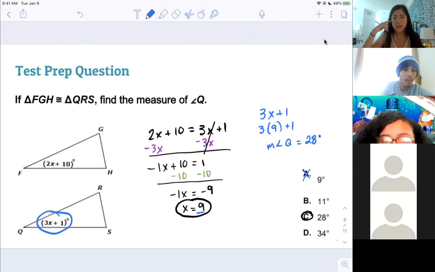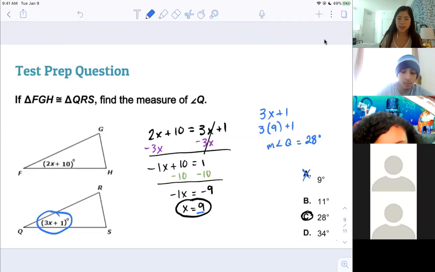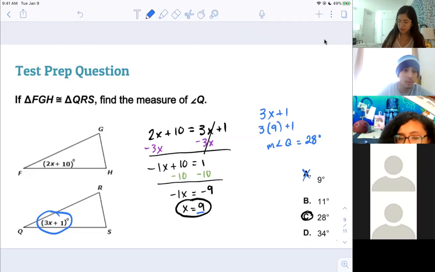How do you guys think somebody might have gotten 11? Maybe they added the 1x plus 10. Yeah, they added 1 plus 10 and they got 11 instead of subtracting to get negative 9. So they still didn't plug it back in. How about 34? Maybe, okay, I don't know this one.